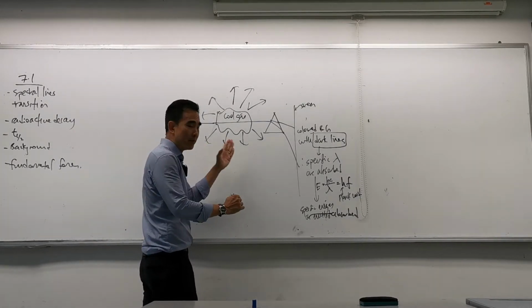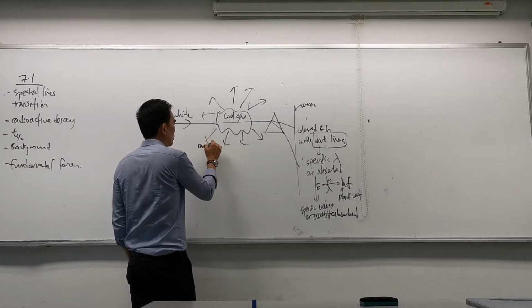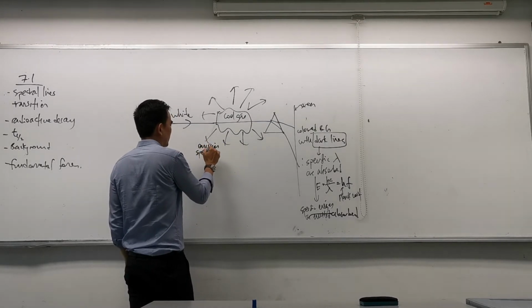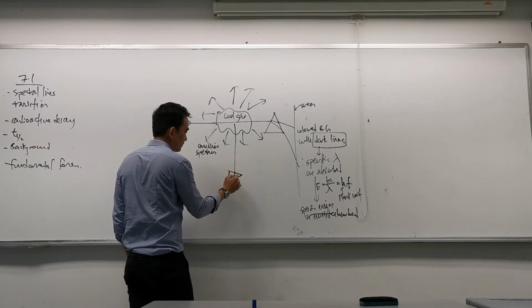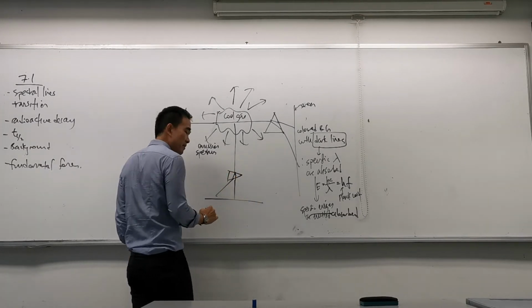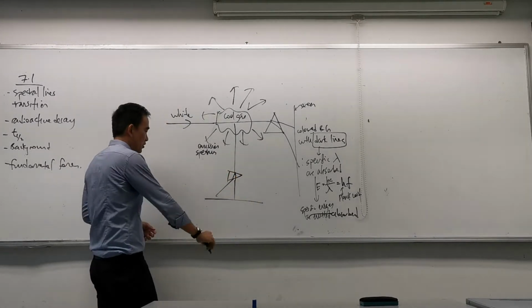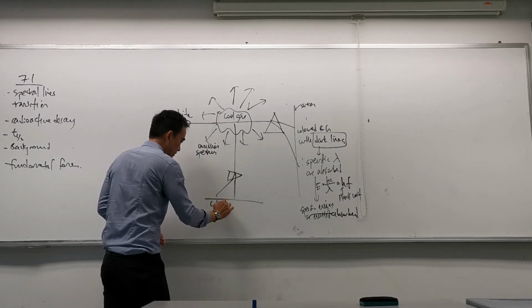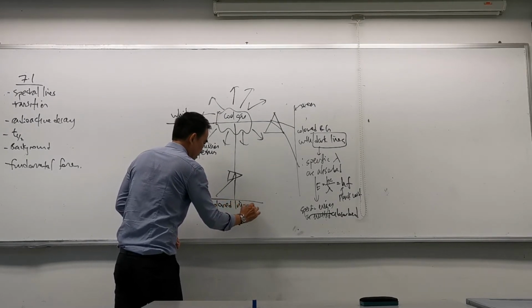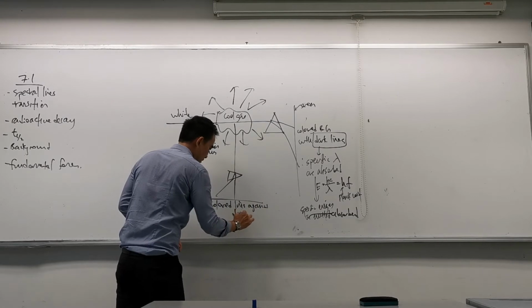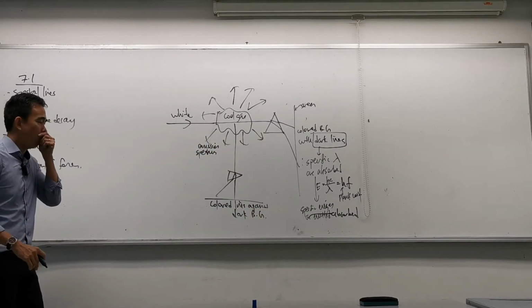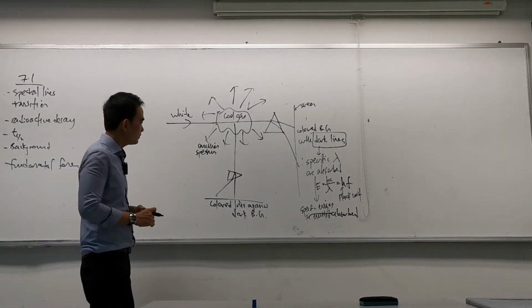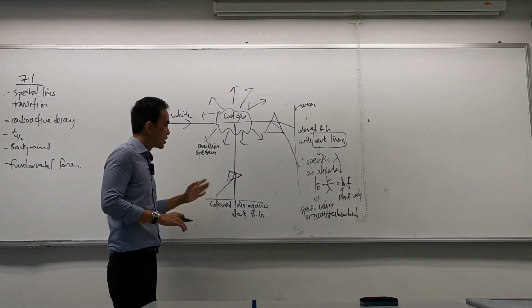And this light emitted over here is what we call the emission spectrum. Because when you pass it through another prism, make a guess what you're going to see. You're going to see colored lines against a dark background, because why?